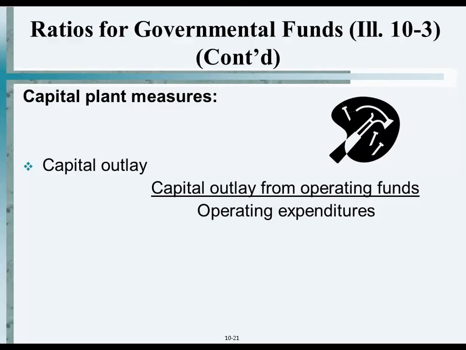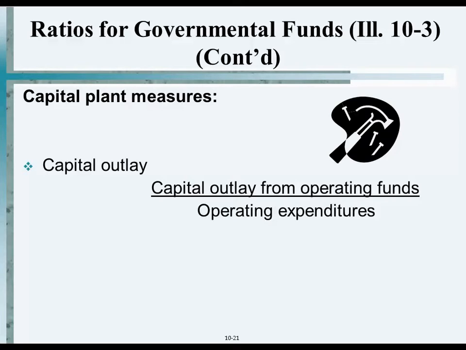Let me explain to you. If 10 years ago you spent 10% of your budget on capital related costs and you spend 1% today, what does that tell you? It tells you there is a problem. What have you done? So that you could pay your operating costs, you have reduced your capital expenses. Not a good idea. Again, this is a trend that you have.